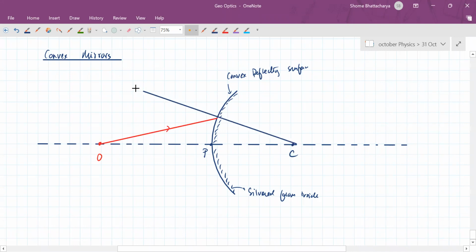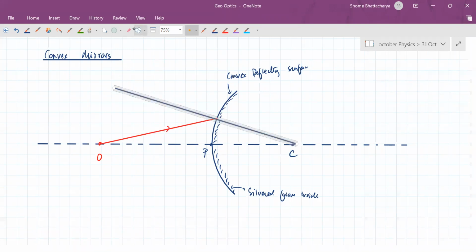normal at the point of incidence. That will be this line. So let's again take the point of incidence as A. Now you can see this angle becomes the angle of incidence.